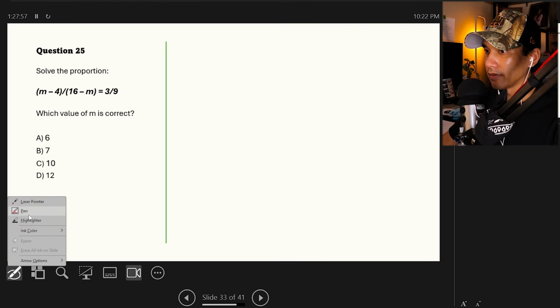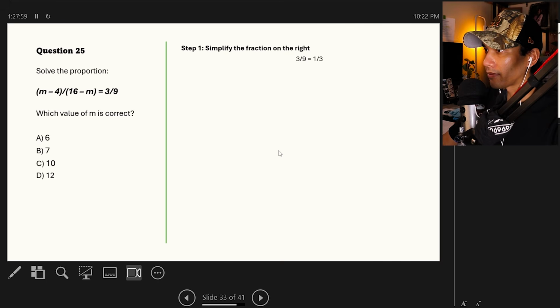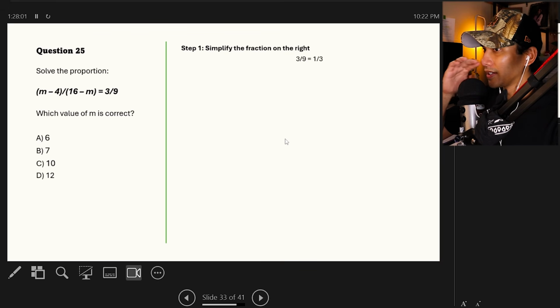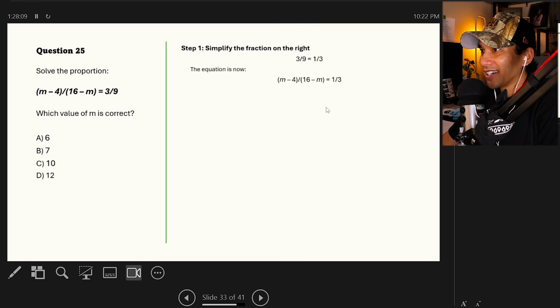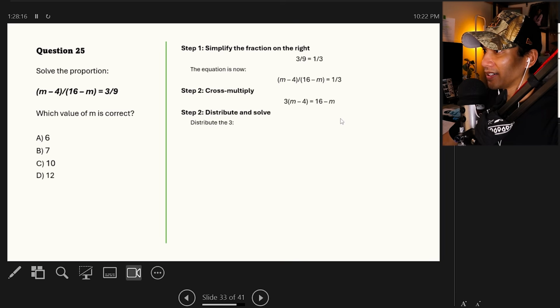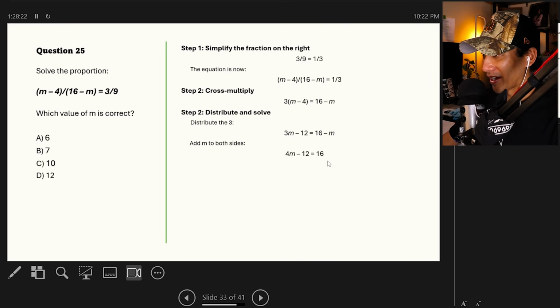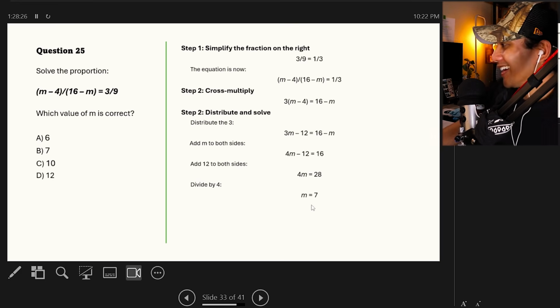Simplify the fraction. You could simplify the fraction off the bat. That's what I should have done. The equation now is (m minus 4) over (16 minus m) equals 1 over 3. Cross multiply, like I said. Way better if you just did the simplification: 3m minus 12 equals 16 minus m, so 4m equals 28, and m equals 7.